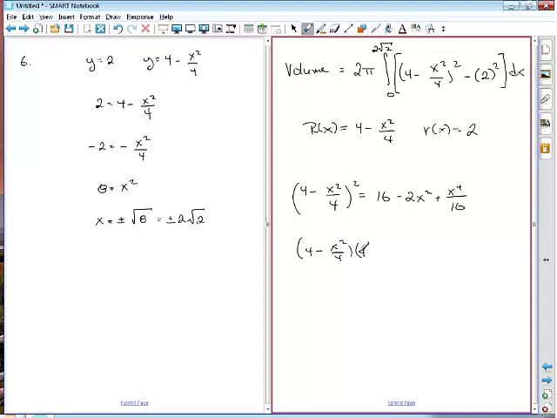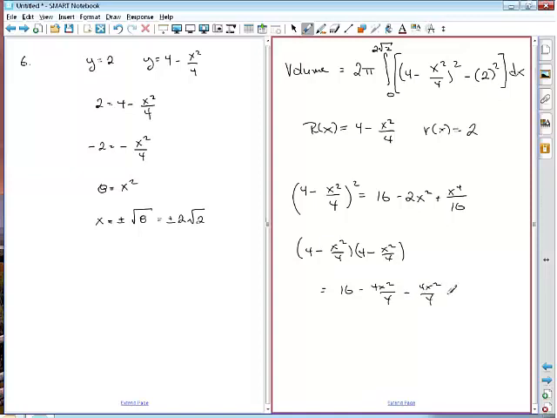So that's the result. You could also just write it out as a multiplication here and just go through the long way. So what you'd have is 16 first. Inner would be negative 4 times x squared over 4. So that was the inner. The outer would be negative 4 x squared over 4.